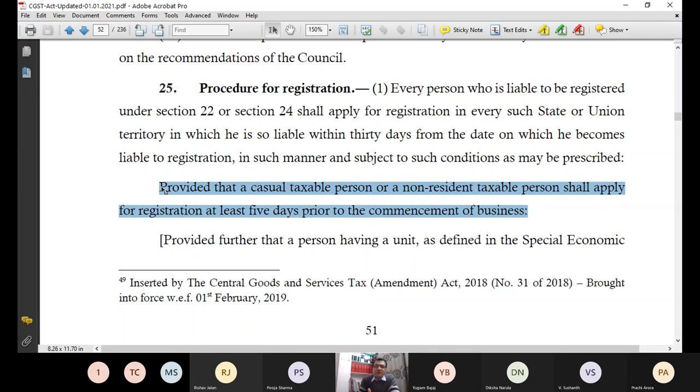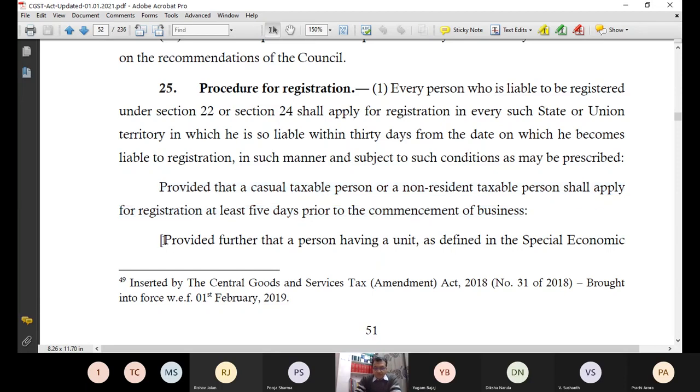Non-resident means that person is not permanently staying in India. In these two cases, since these are not regular businesses, the government says apply at least 5 days before commencing your business. Otherwise, for all others, you can start the business, but after starting, apply within 30 days. I hope this point is clear.